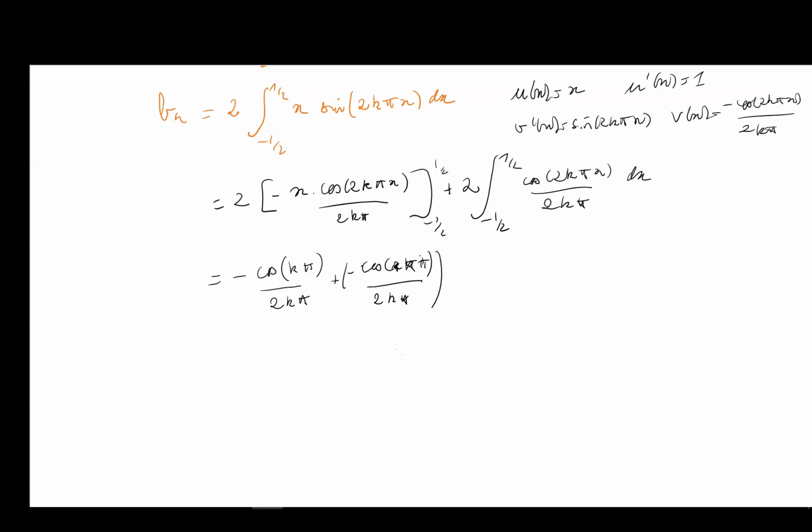All right, plus 1 over k pi times the sine of 2k pi x divided by 2k pi, from negative 1 over 2 up to 1 over 2.